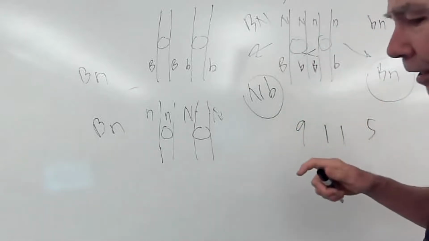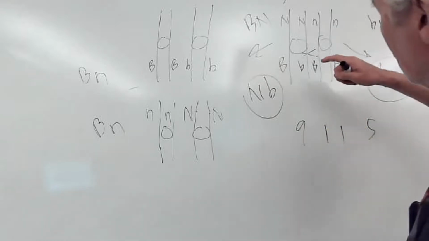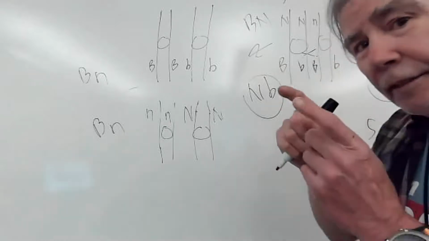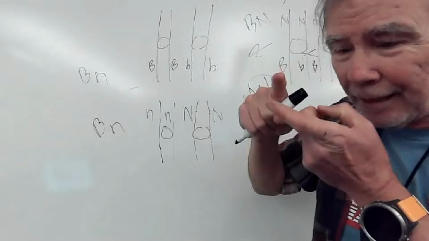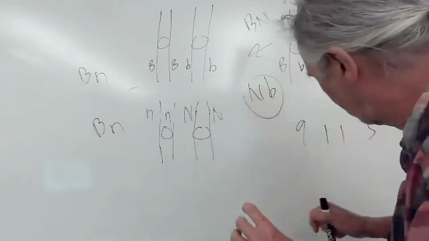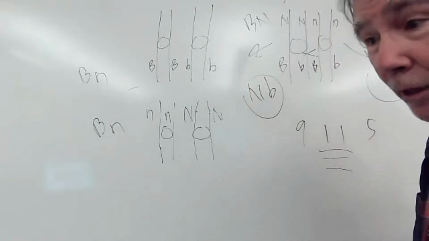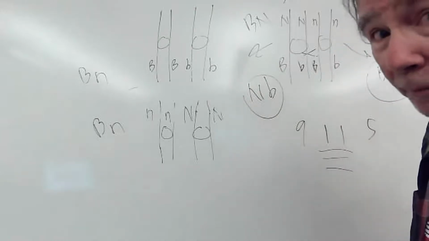But here's the thing, crossing over always happens. The closer they are together on the same chromosome, the less likely a crossover event is going to occur, so the rarer the recombinant phenotypes.